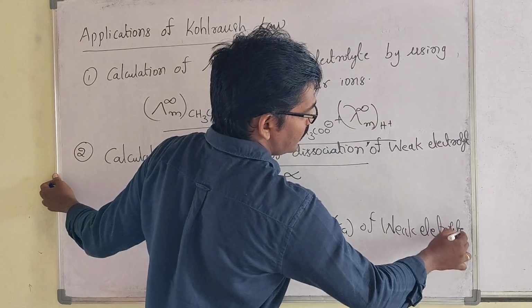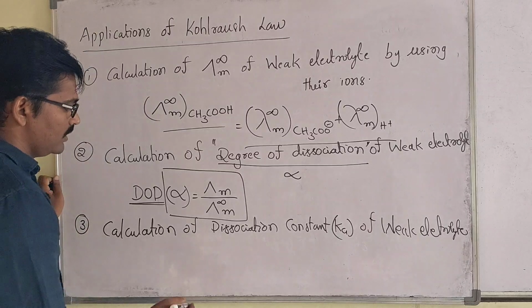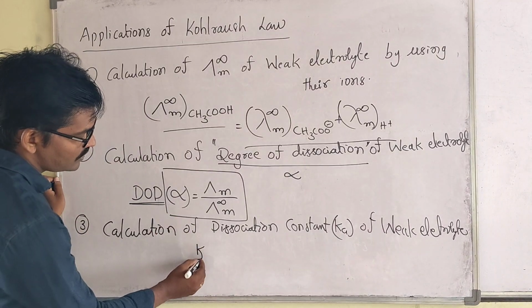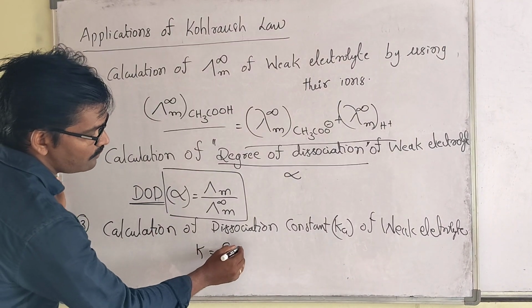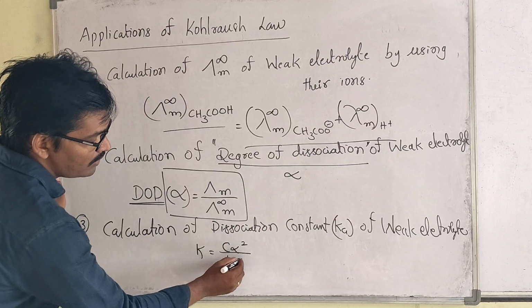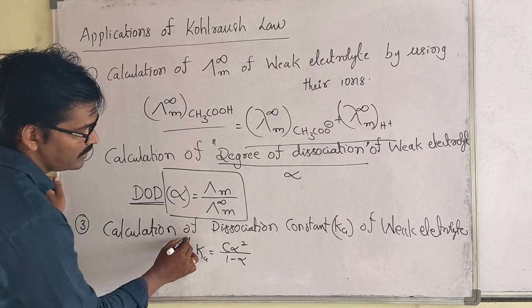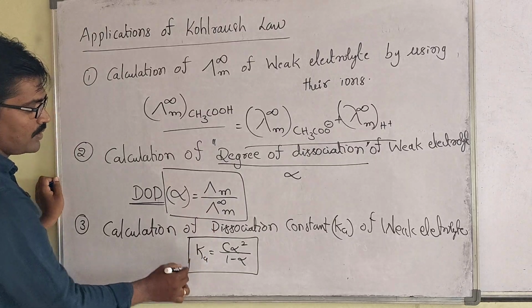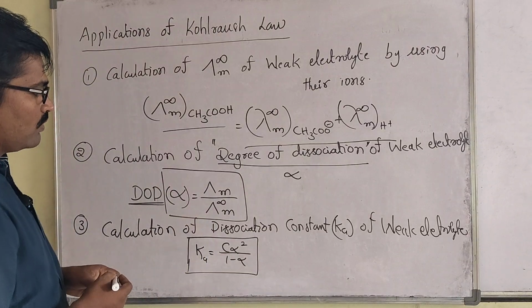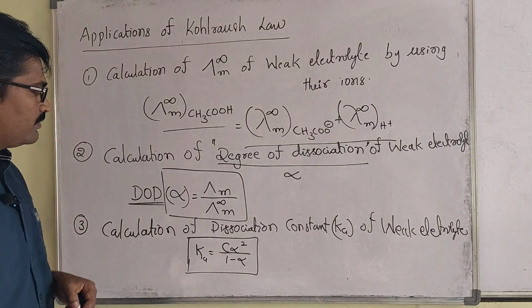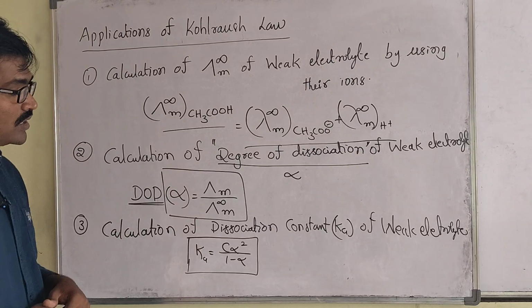Dissociation constant of weak electrolyte. Okay, for example, let's take an acid. So K is equal to C alpha square divided by 1 minus alpha. We have already discussed this here in the equilibrium chapter. So Ka equals C alpha square divided by 1 minus alpha. So that is the dissociation constant.